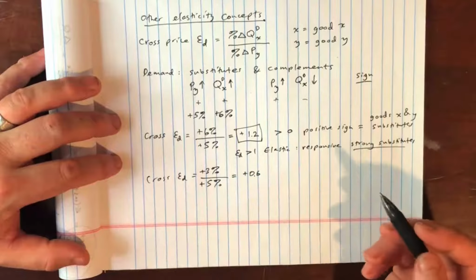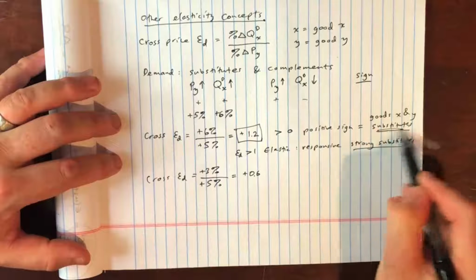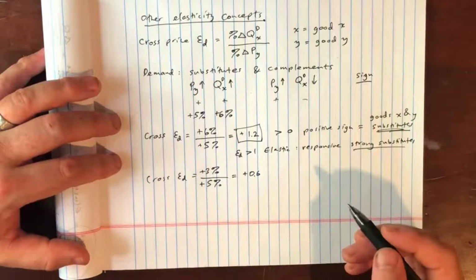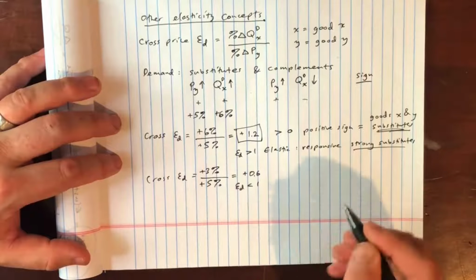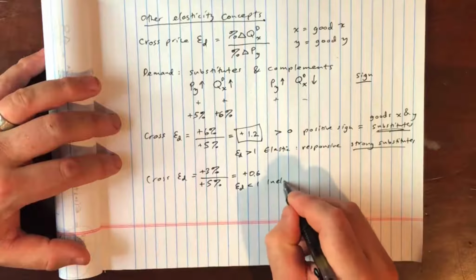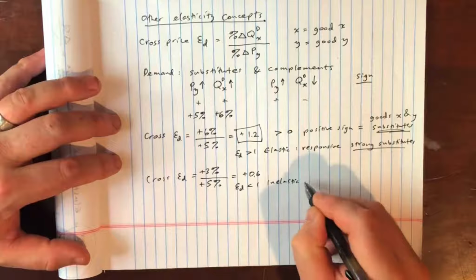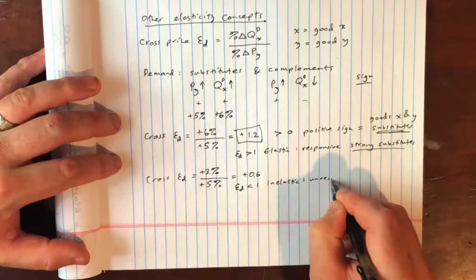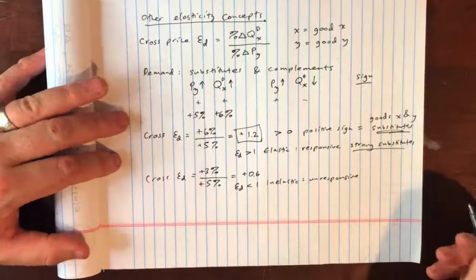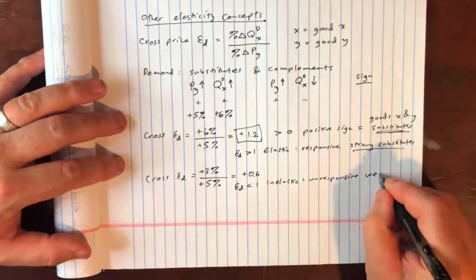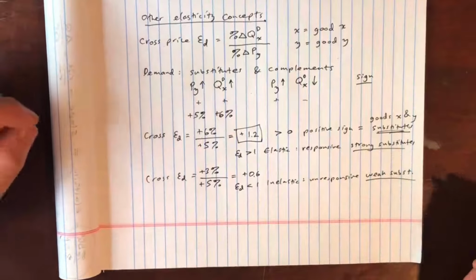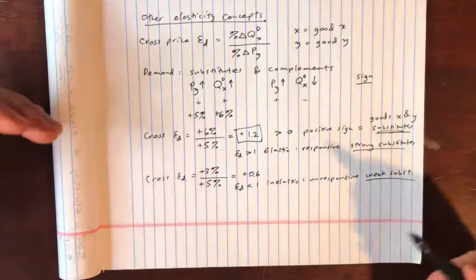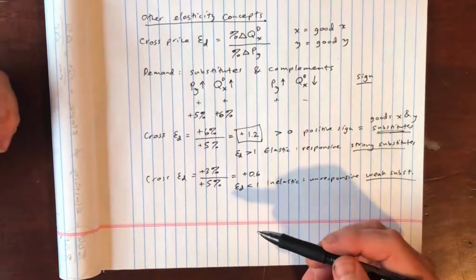It's still greater than zero, so we'd still say they're substitutes, but the relationship is weaker now, because the elasticity is less than 1, and we would say it's inelastic. It is on the unresponsive side. And so we'd say these are weak substitutes rather than strong substitutes, just because the effect is less.